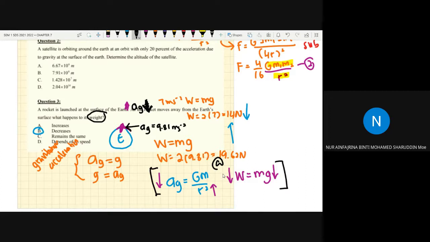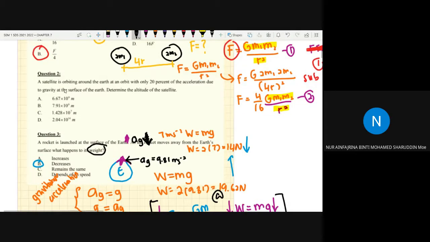Okay, last one. Oh, nasib baik sempat bincang. Okay, a satellite is orbiting around the Earth at an orbit with only 20% of the acceleration due to gravity at the surface of the Earth. Okay, soalan dia senang je. Ini Earth awak, and this is your satellite.